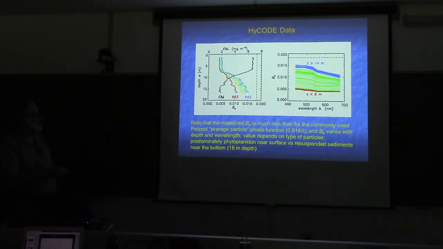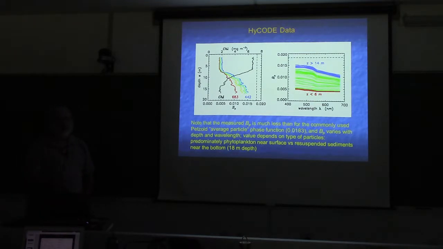As you go down, it increases to, depending on the wavelength, between 1% and about 1.5%. And that's consistent with the bottom water having a lot of high index of refraction minerals in it, and they're smaller particles.